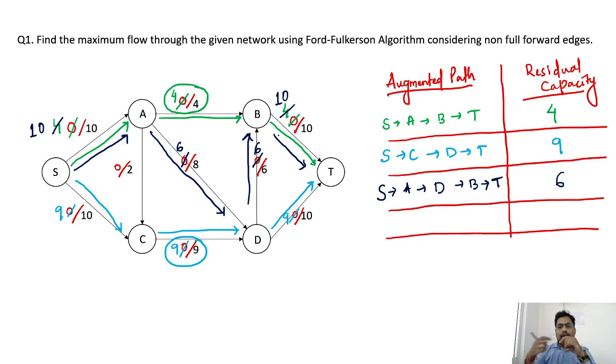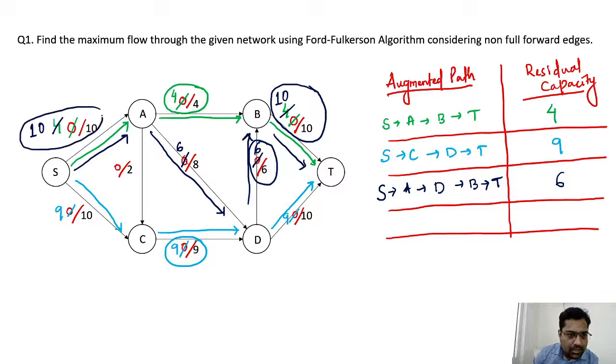Why? Because the current residual capacity we found is added to the previous flow. So here we found residual capacity 10, here 0, and here 0. As I said with the example, whenever we find an augmented path, at least one edge will have residual capacity 0.